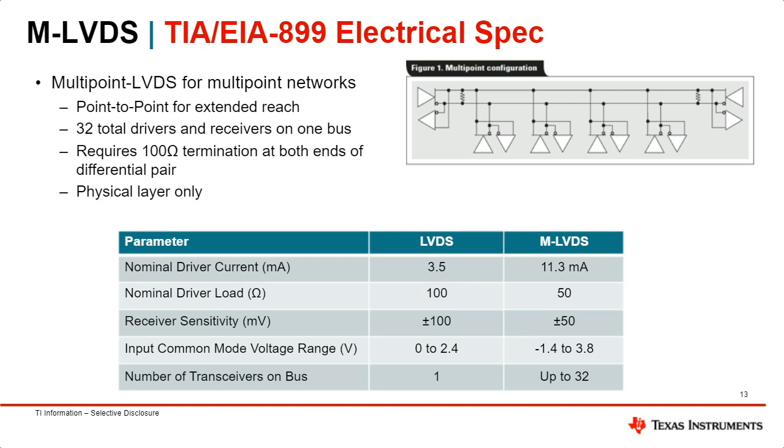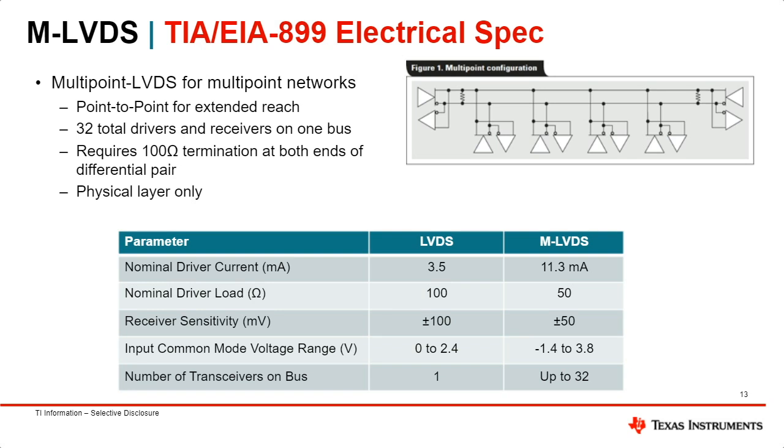So why can't LVDS support multi-point configuration? Well, the biggest concern with LVDS is the additional bus loading of added driver and receiver nodes off the transmission line. This will lower the overall effective characteristic impedance of the transmission line, and that, as well as the termination resistors in parallel, will decrease the load seen by your LVDS driver.